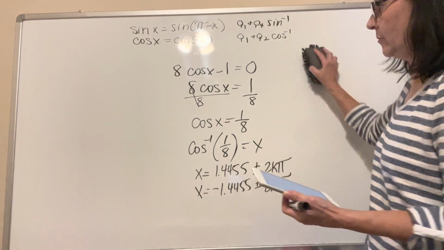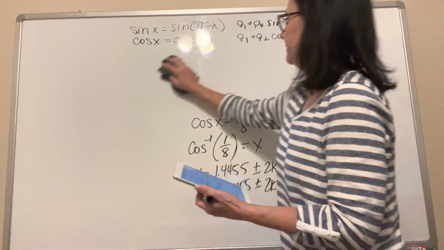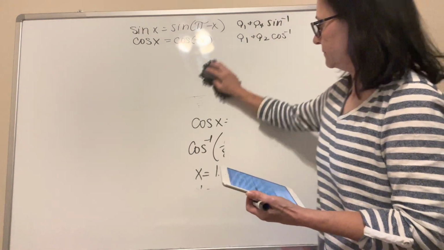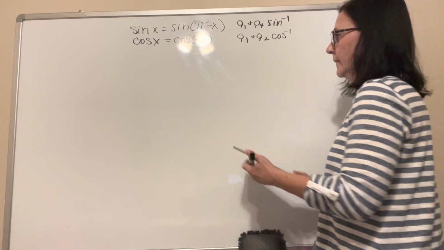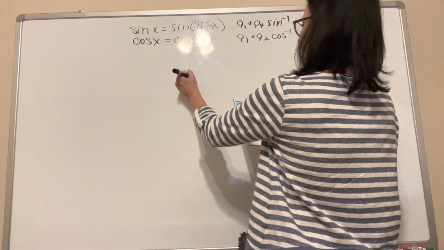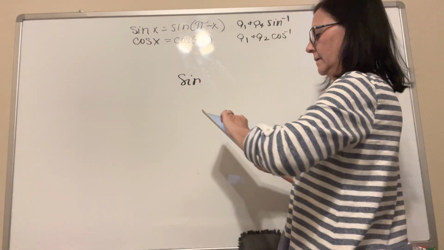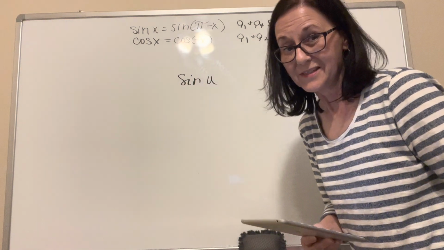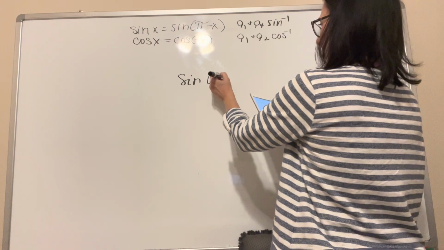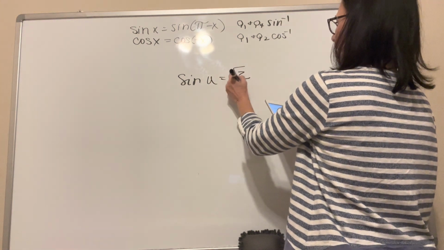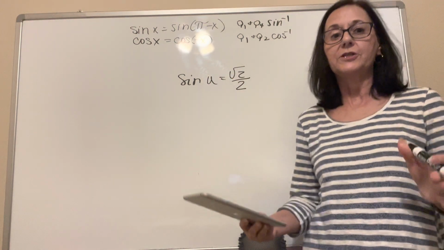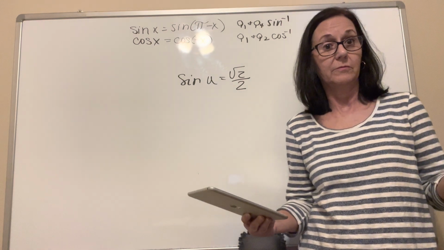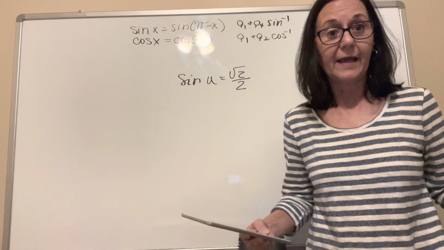Now look at example 5. We have the sine of u. They changed it to u because this one's going to be on the unit circle, equals square root of 2 over 2. All right, we know that ratio is on the unit circle. So I'm not using my calculator.